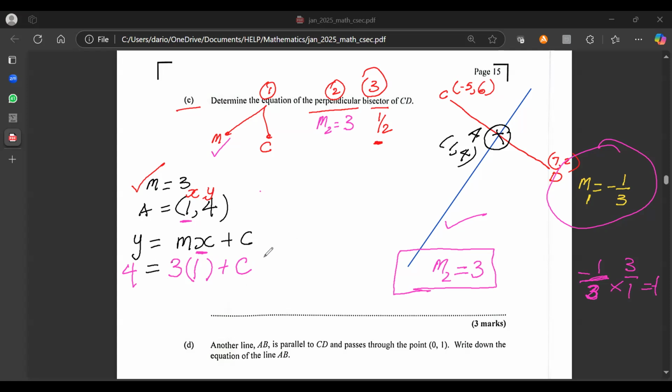You have 10 seconds. Find C, everybody. Once you know what C is, you're going to send me the equation of the line.